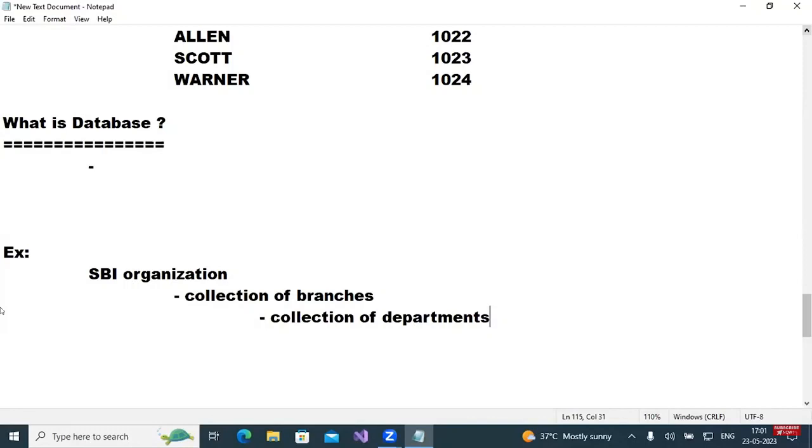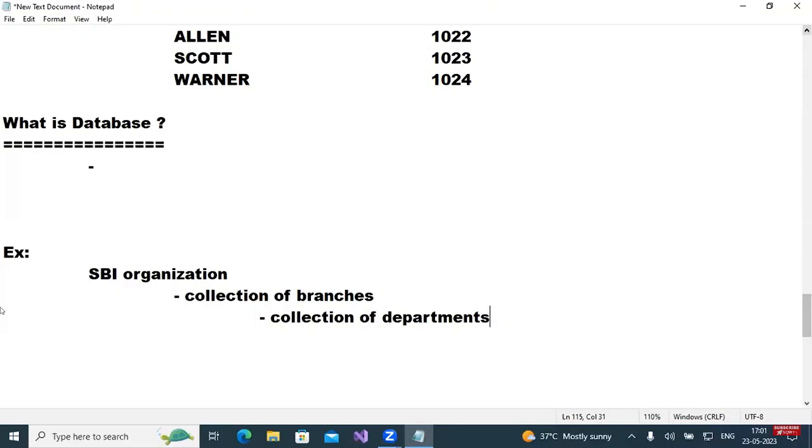Suppose you need to deposit your money. Where will you go? To the deposit person. So clerks are there, HR people are there, operational people are there, manager is there, assistant manager is there. These are all called what? Departments.